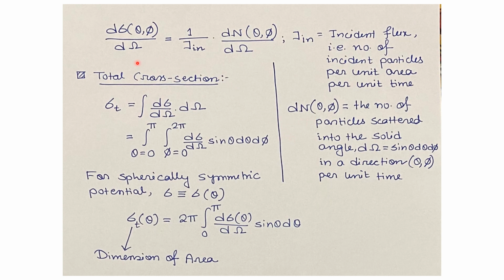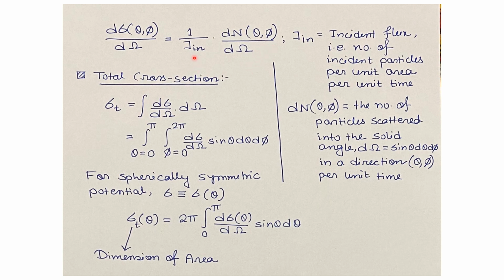So this equation tells us d sigma d omega as a function of theta comma phi equals 1 by J in times dn d omega as a function of theta comma phi.